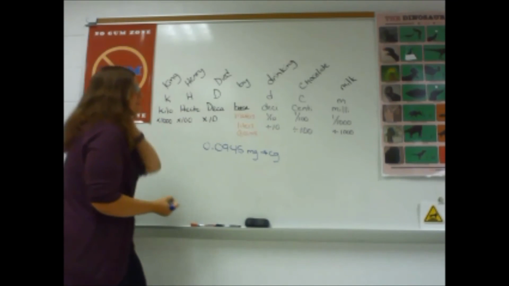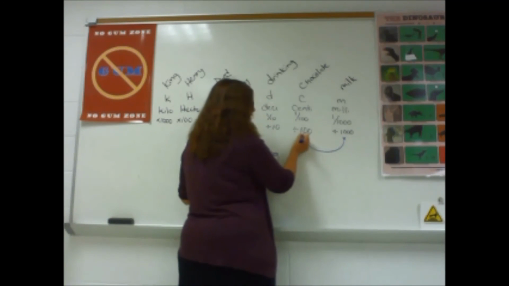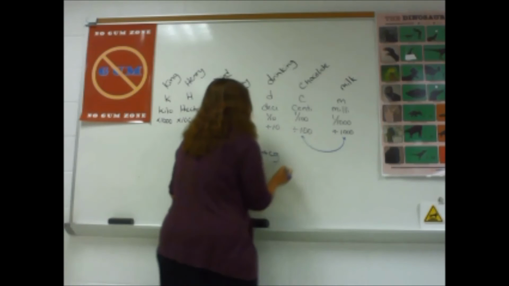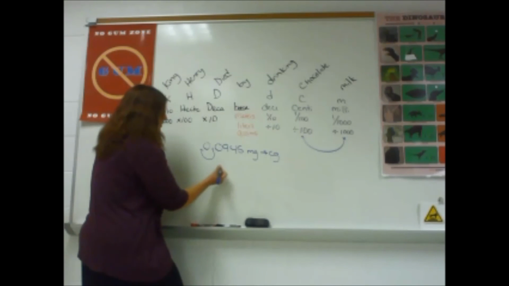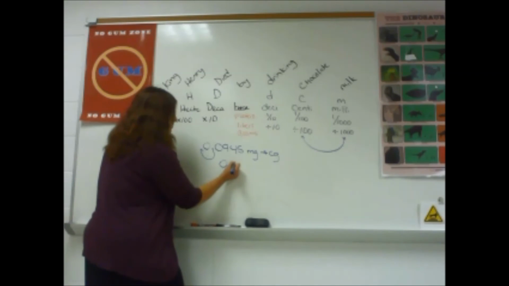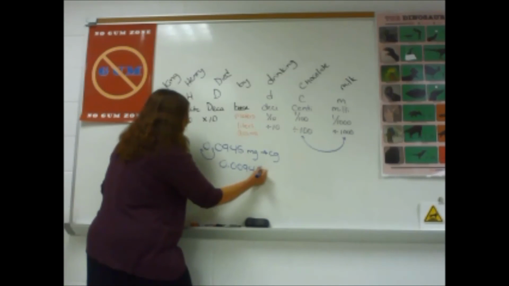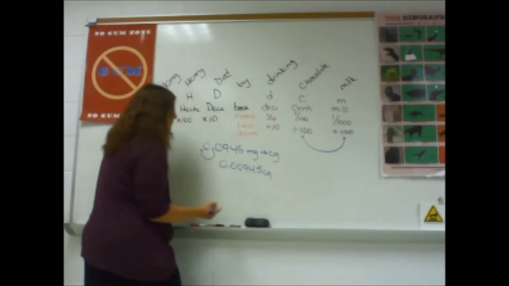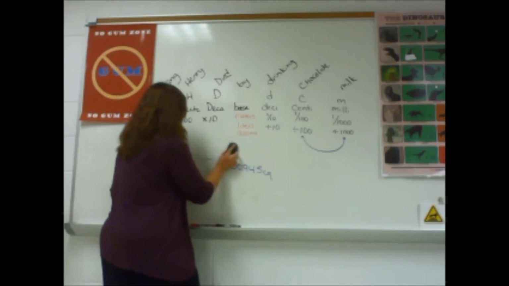In this case, we're starting here at milli. We're hopping once to get to centi. So what we're going to do is take our decimal point, and since we moved to the left previously, we're going to move to the left now. So our answer would be 0.00945 centigrams.